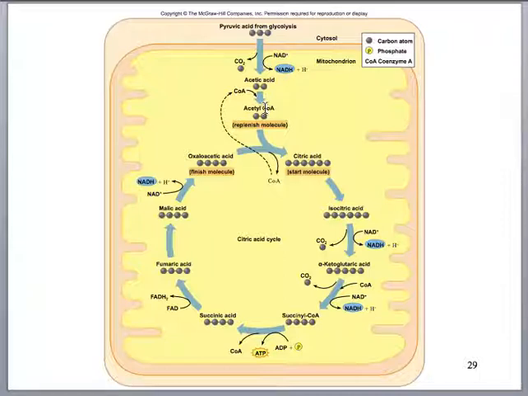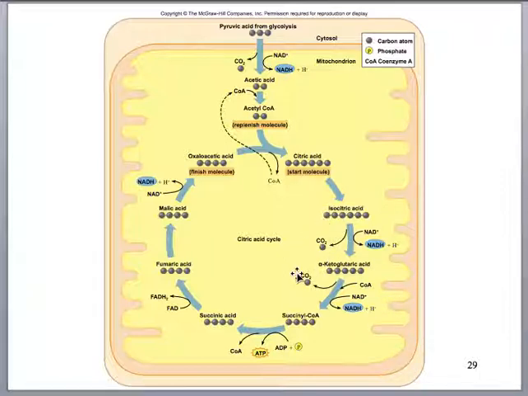Each one of these acetyl-CoAs can then enter into the citric acid cycle, and we would get 2 turns of the citric acid cycle. Through the citric acid cycle, we would generate 6 NADHs, 2 FADH2s, 2 ATPs, and 4 carbon dioxides.